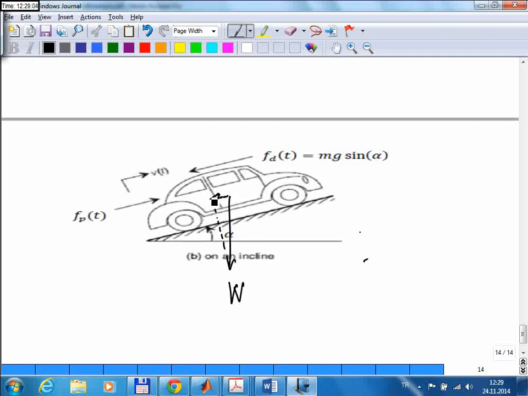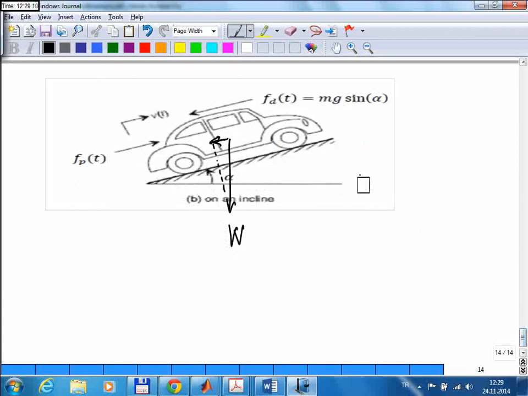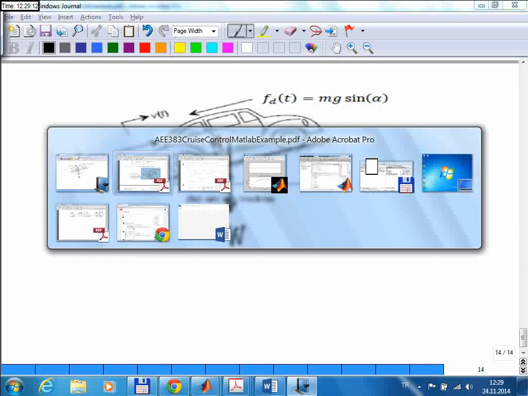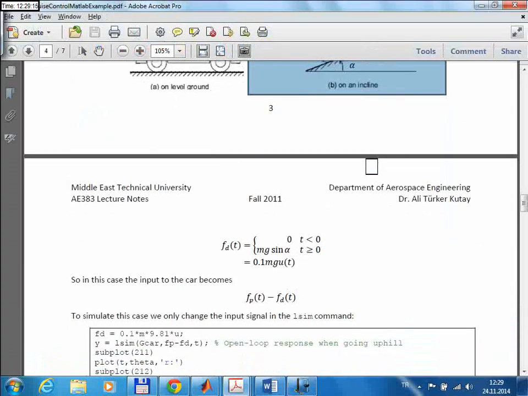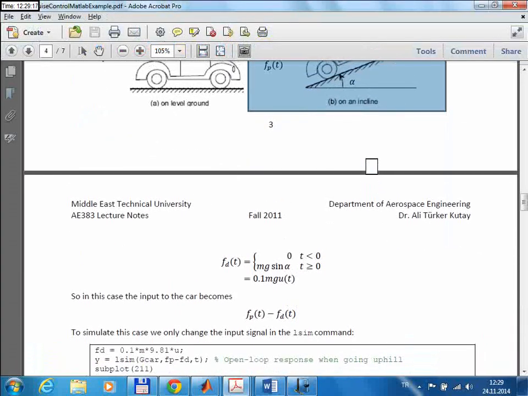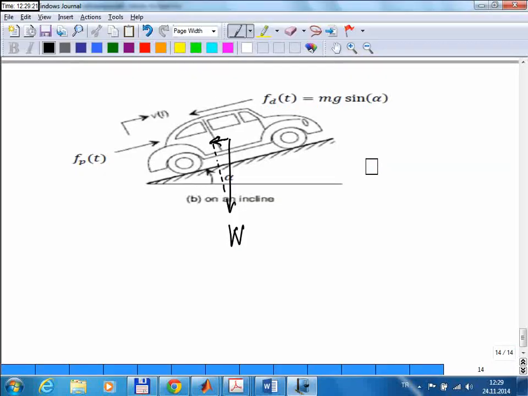Now in this case, we have this force due to the weight trying to slow the car down, okay? So for this case, the disturbance force is now that much, and that alpha here is the inclination of the road.